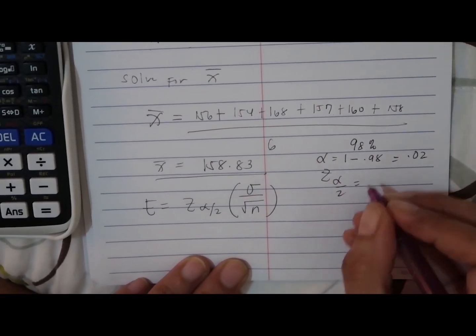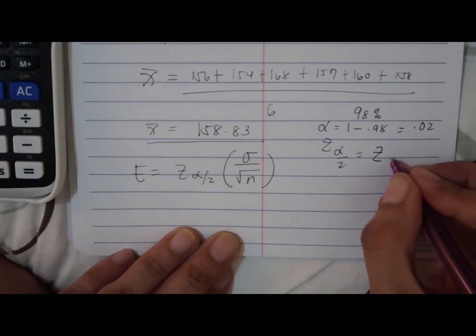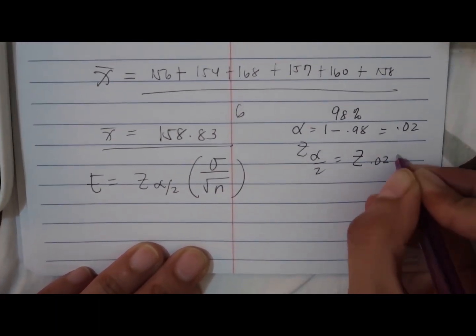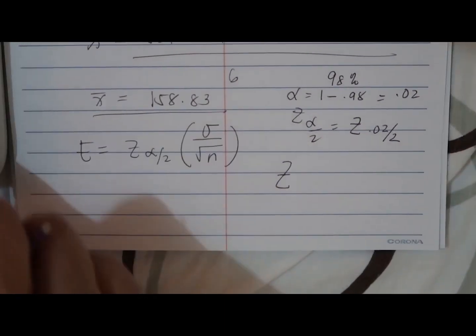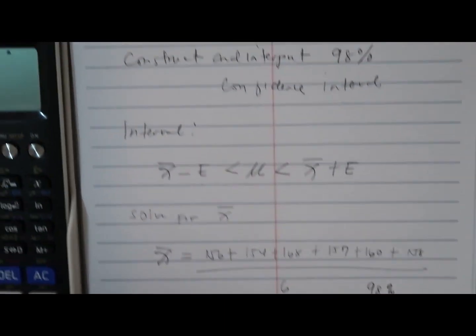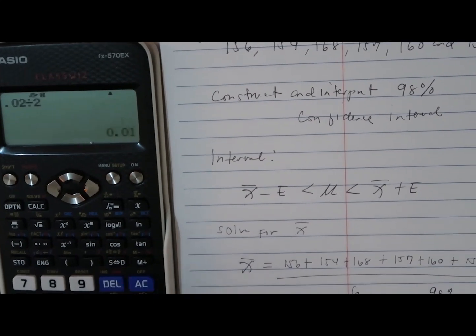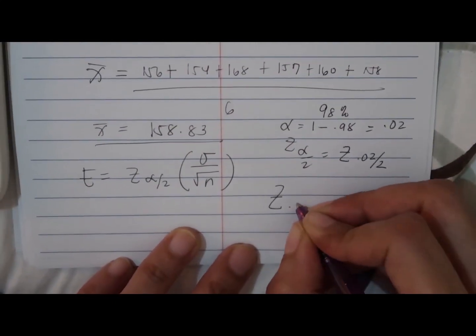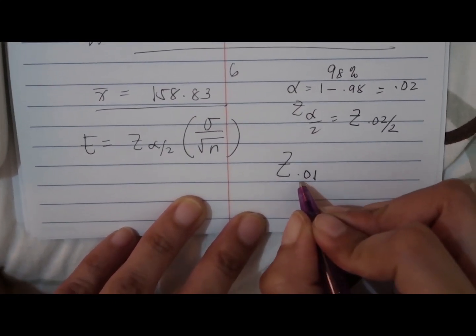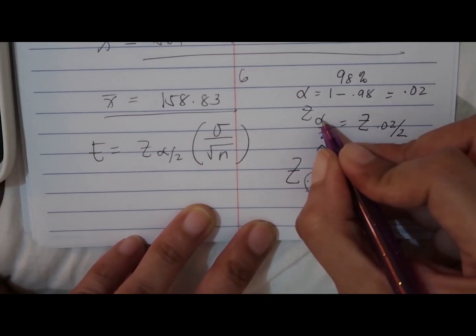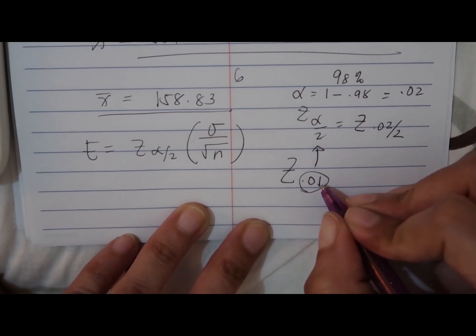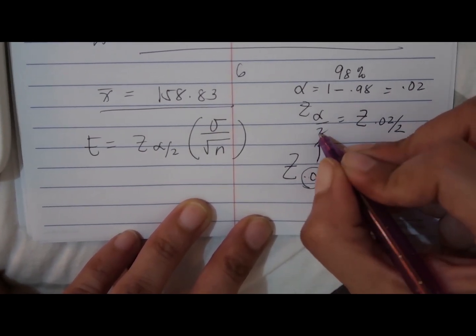So Z alpha over 2, that will be Z of 0.02 divided by 2. So you do have Z.01. So Z.01, this one is your alpha over 2.